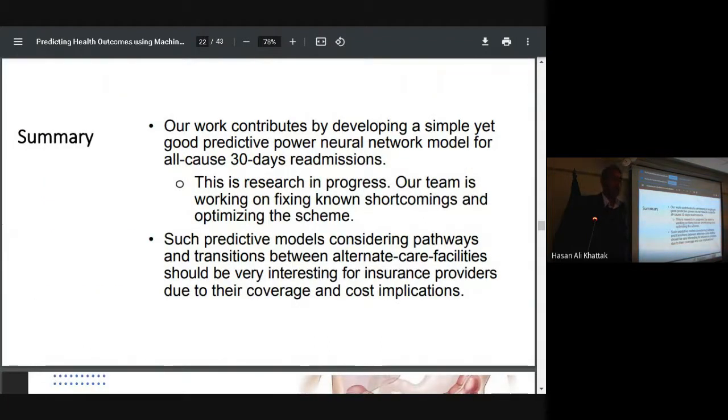So in summary, I can say that our work contributes by developing a very simple model. Not always can you use deep learning, and not always do you need a complex machine learning algorithm. It depends on your use case. In some use cases, you can get better results with very simple machine learning algorithms, and you fail with deep learning algorithms.